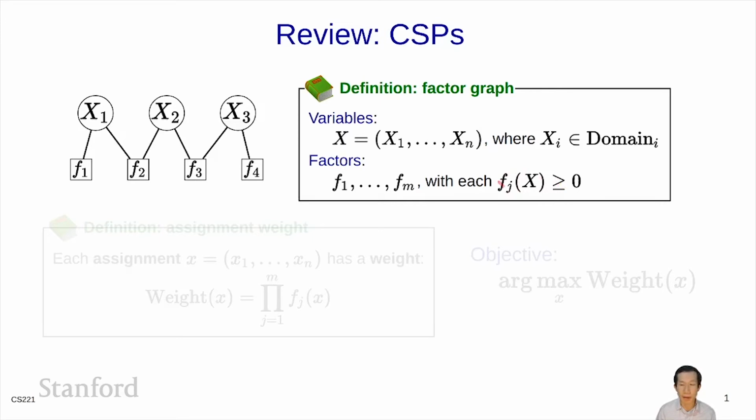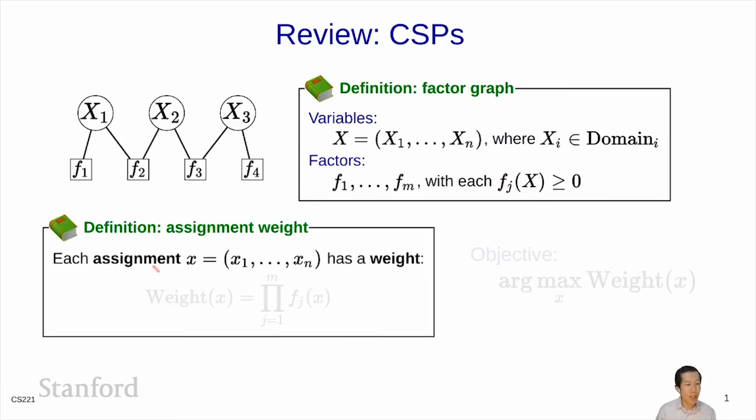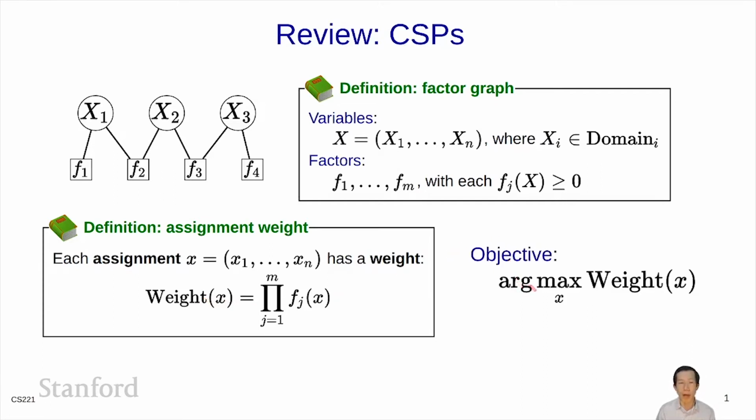Usually the factor function depends only on a subset of the variables. So each assignment, little x, to all the variables has a weight, and that weight is given by simply the product of all the factors applied to the assignment. And the objective is to find the maximum weight assignment.